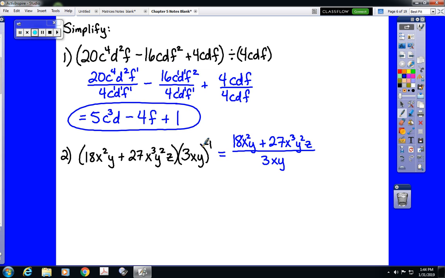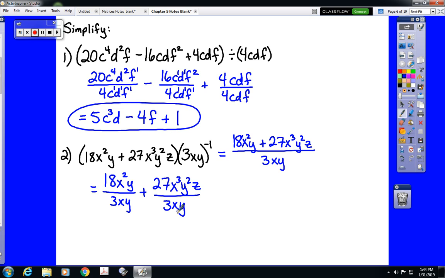That's what that notation is saying. That negative exponent means write it as a fraction, which means we're looking at the same problem we've been doing. We have each of those two terms divided by 3xy. So 18x squared y over 3xy plus 27x cubed y squared z over 3xy.